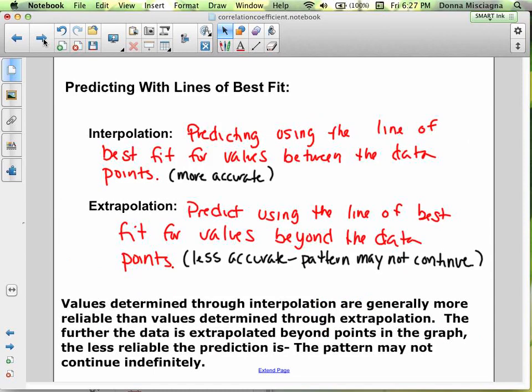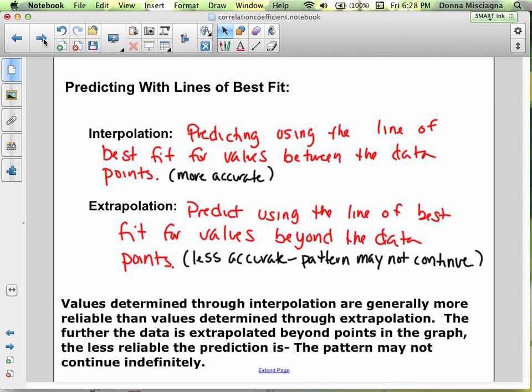That's more accurate than extrapolation. Extrapolation is predicting using the line of best fit for values beyond the data points. The reason it's less accurate is that the pattern may not continue. For instance, think about the growth of a child. You grow a lot as a baby, you grow a lot as a kid through puberty, but then after puberty, you don't grow so much.